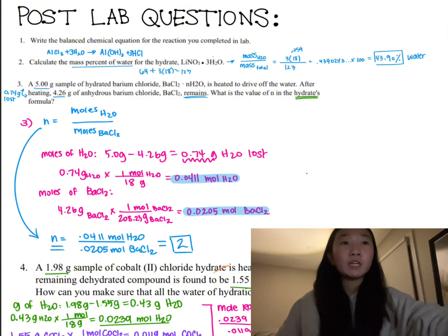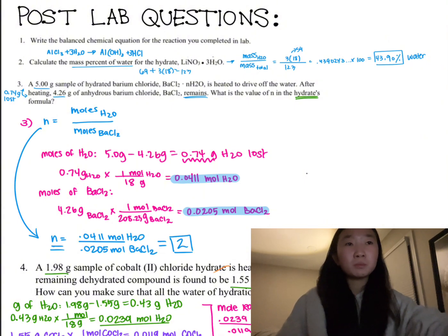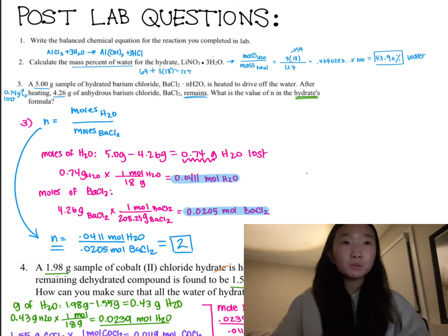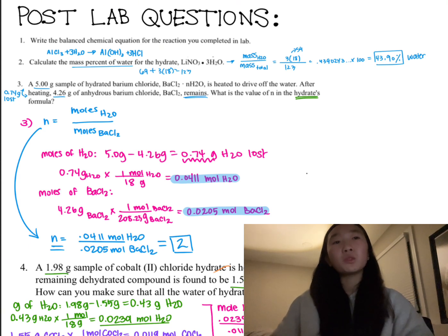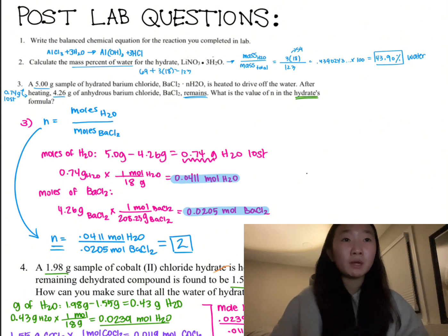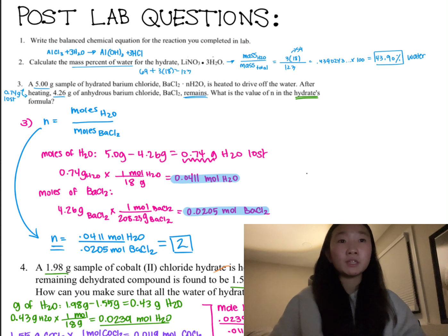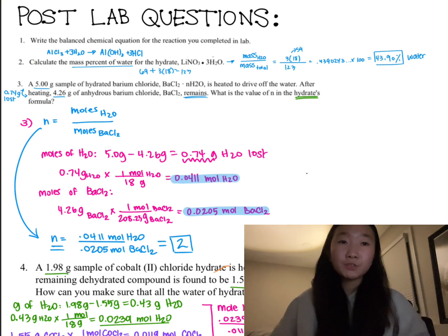And so for H2O, since there are 3 moles of H2O, we multiplied the molecular mass of H2O, which is 18, by 3, which is 54, over 123. From this, we got 0.439024 and so on, and then we multiplied this by 100 to get the percentage of 43.90 percent water.